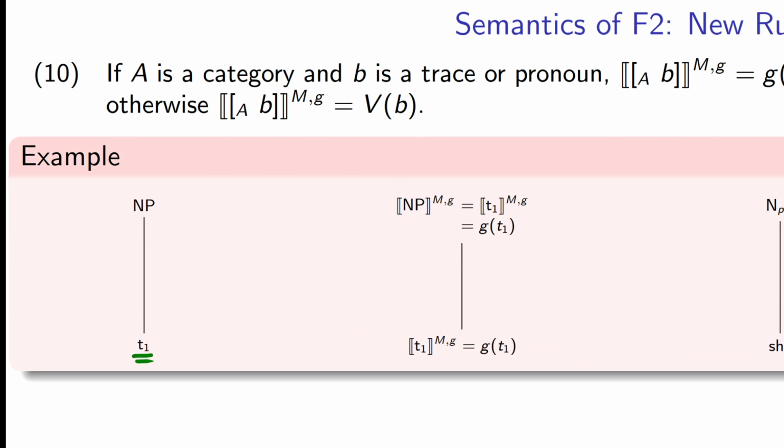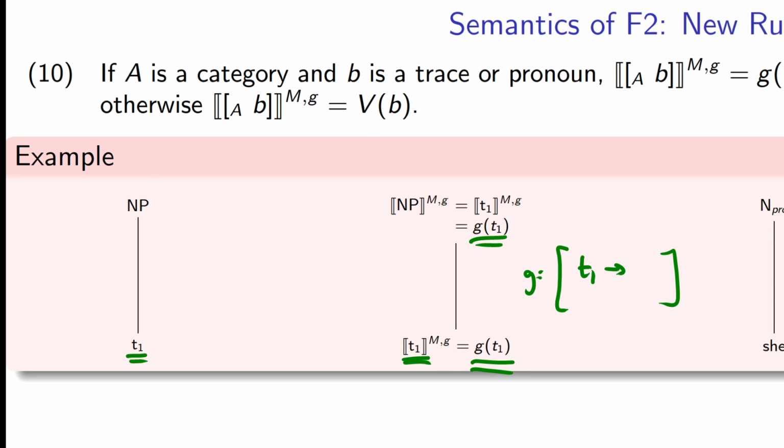This just means that the meaning of the trace is the assignment function g on that trace. And later at the end of the derivation, if it's not bound, we would check our list of things in our assignment function and see what T1 points to. So if we have a noun phrase going up to it, it gets the same meaning as its daughter T1. So this is also g of T1. We do not evaluate this until the end.